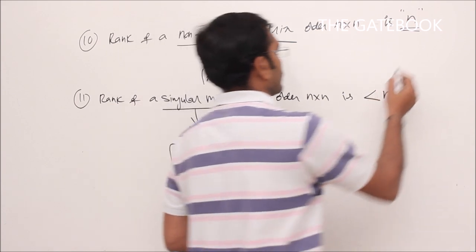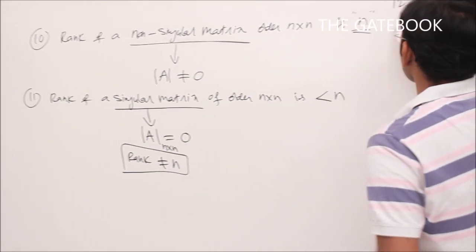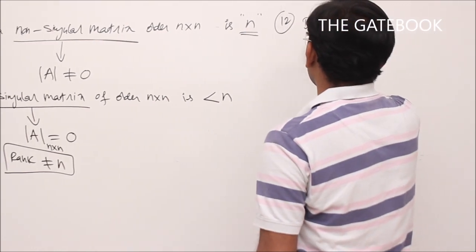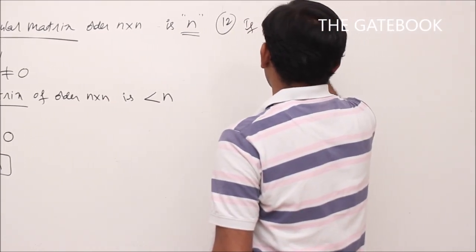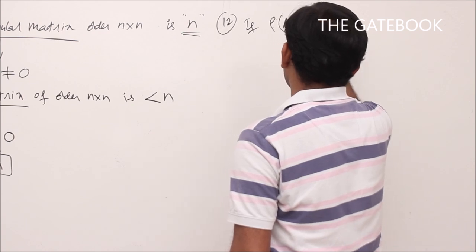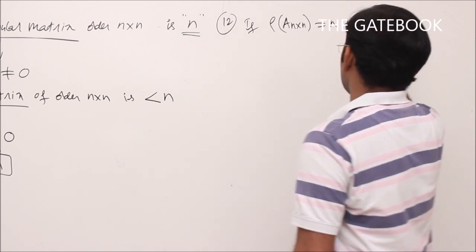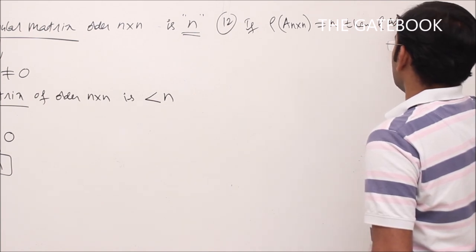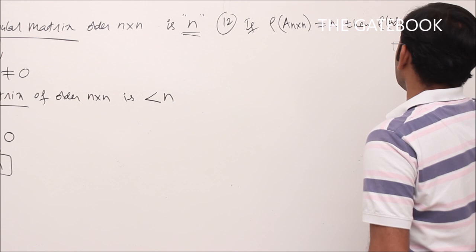Next property, if rank of a matrix of order n by n is n, then rank of adjoint A is also n.